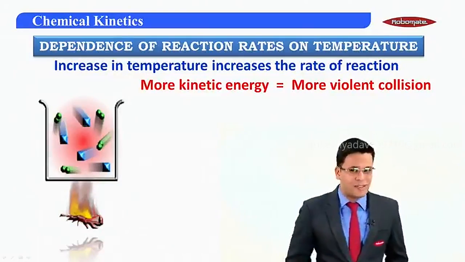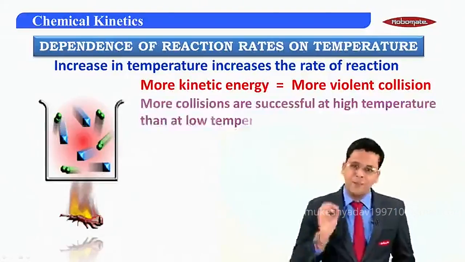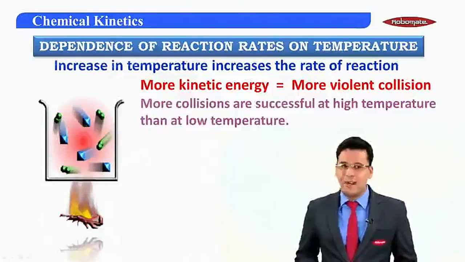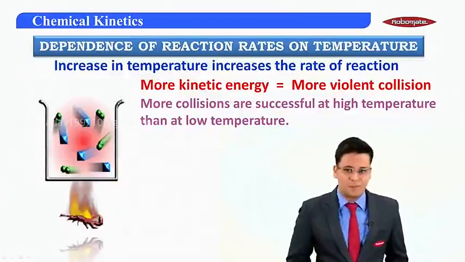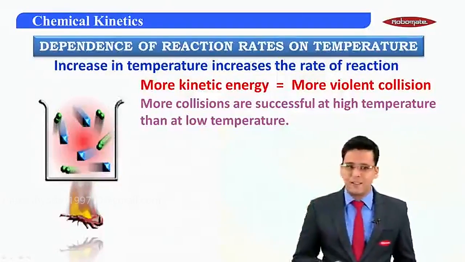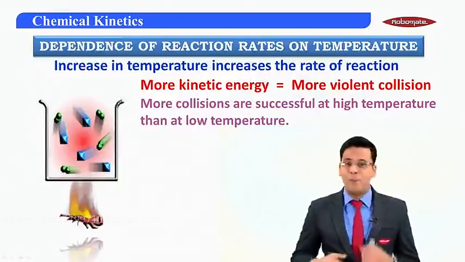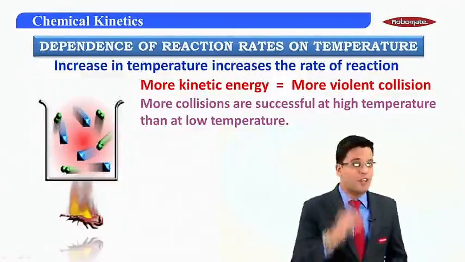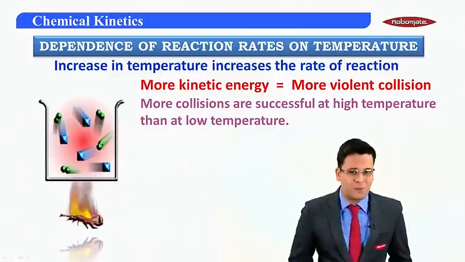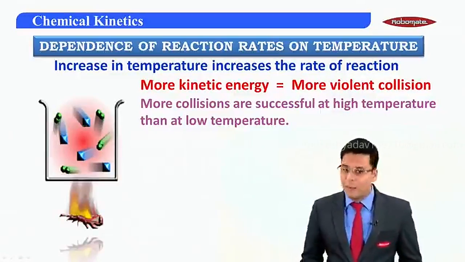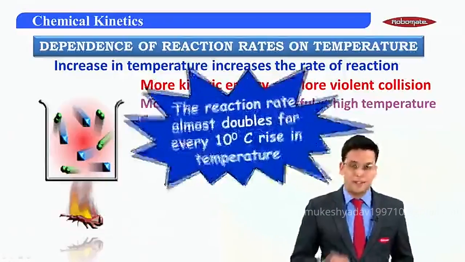The second factor is that more collisions are successful at higher temperatures as compared to low temperature. So these are the two factors. Number one, you'll have more collisions, and number two, those collisions will be more violent because the kinetic energy is more.